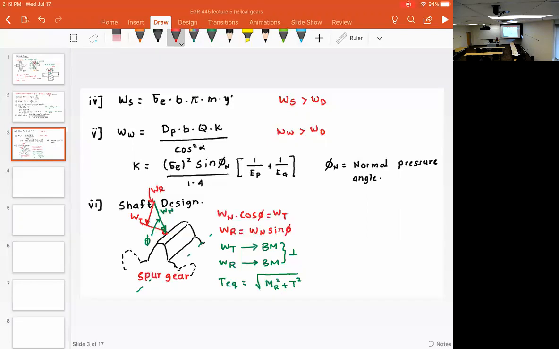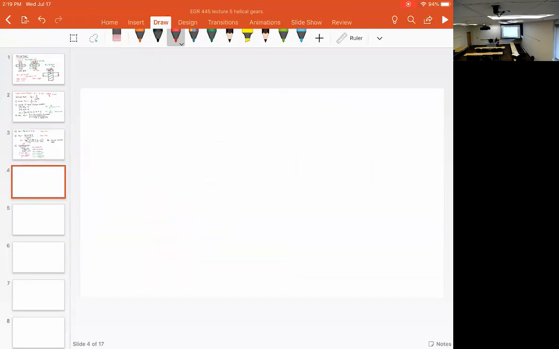Now let's look at the helical gear design in a little bit more detail. So you have a tooth, but instead of being face width, and instead of the tooth tip being parallel to the shaft, now it is at an angle.